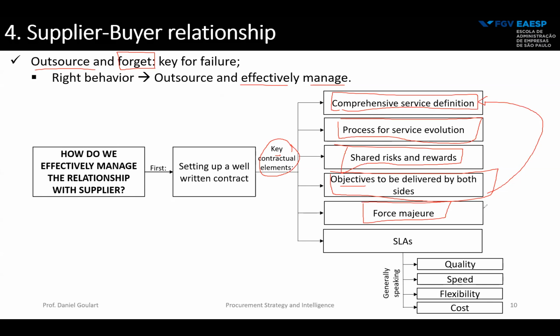So you need to establish what are the events that are configured as force majeure, and in this case, all these events, if they happen, make both parties free of any penalty.